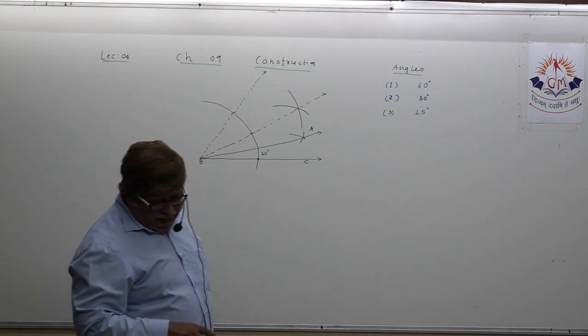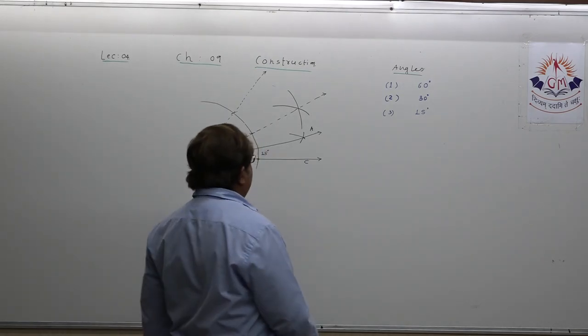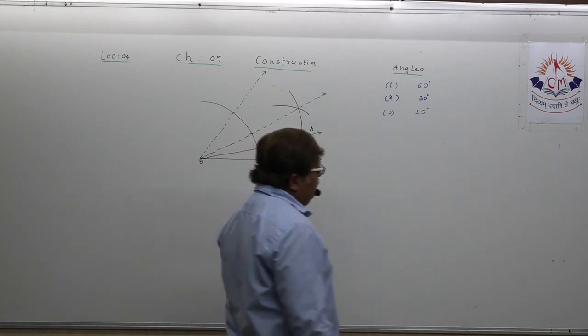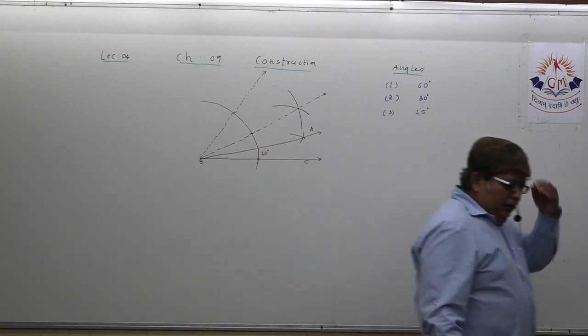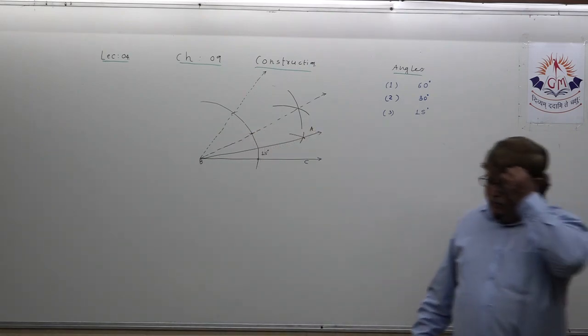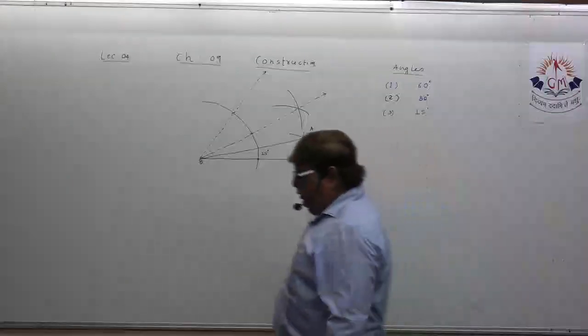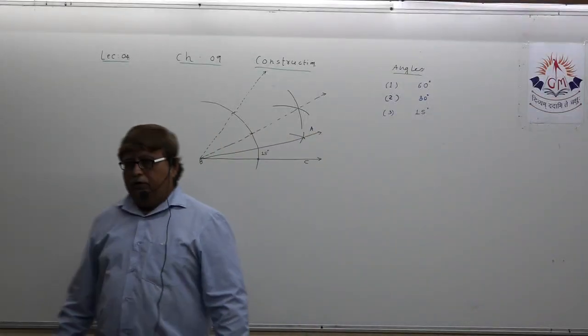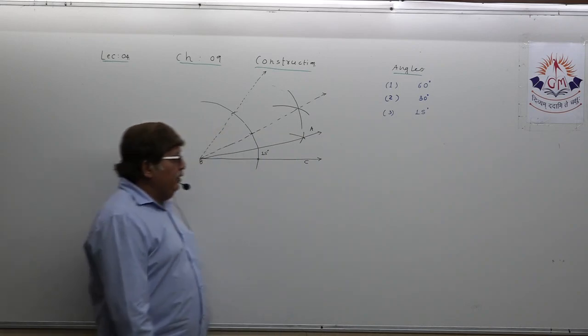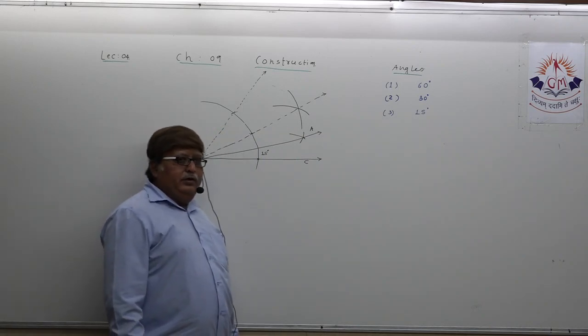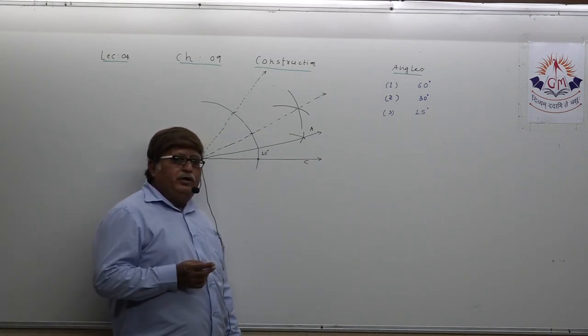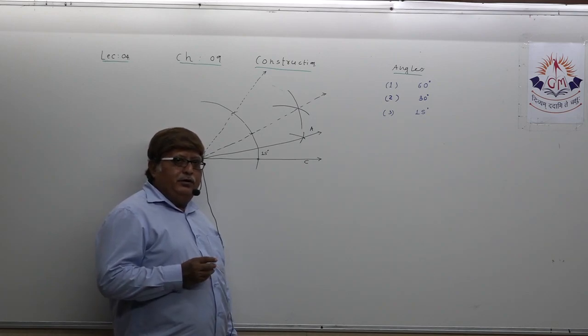So first you have to concentrate on this. Three angles of construction we have done. Understand, angle of 60 degree we have done, then angle of 30 degree we have done, and then angle of 15 degree we have done. All three angles are interrelated.